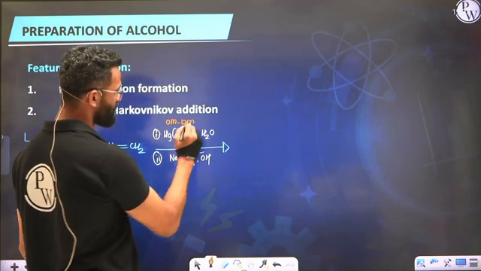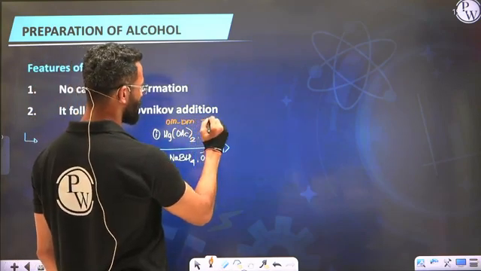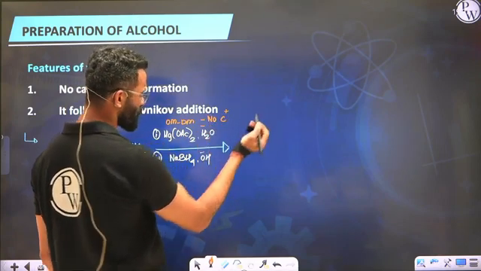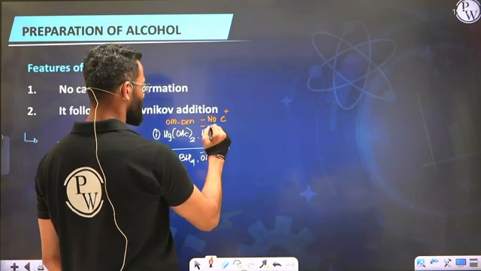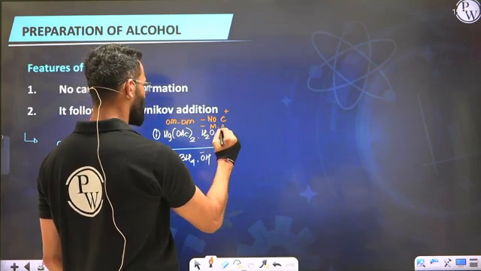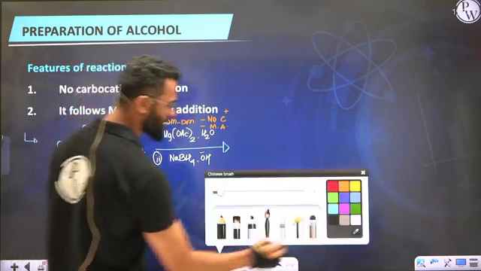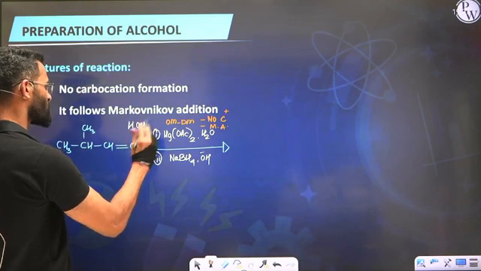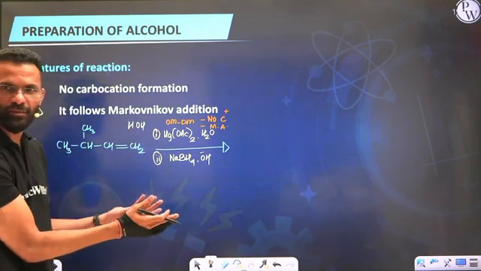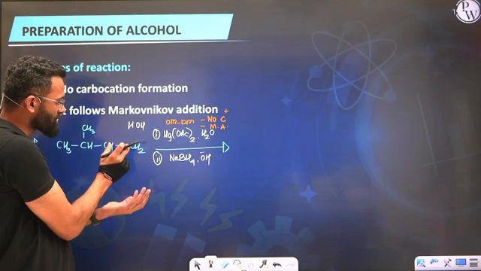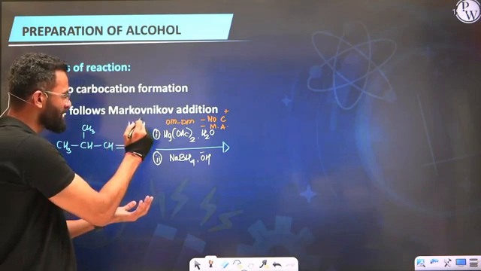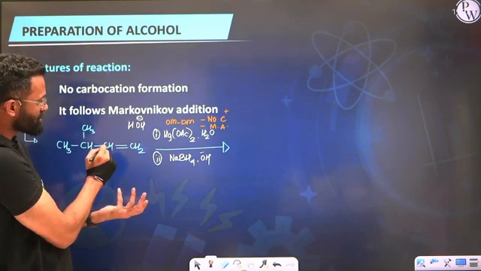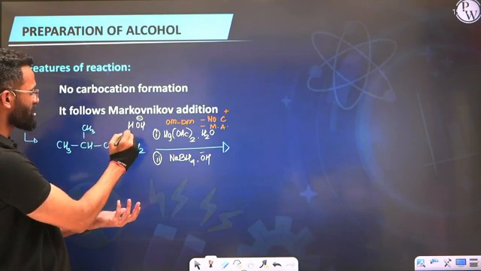Once you do that, find out the important features of OMDM. What are the important features? There is no carbocation formation, so no question of rearrangement. And second, it follows Markovnikov addition. So now since I know that, I am going to add water straight away. So HOH. Because there is no rearrangement, I don't have to write down the mechanism at all. I just have to add water across the carbon-carbon double bond such that the negative part will attach to the carbon which is carrying a lesser number of H's. So OH will be attached here, H will be attached over here.